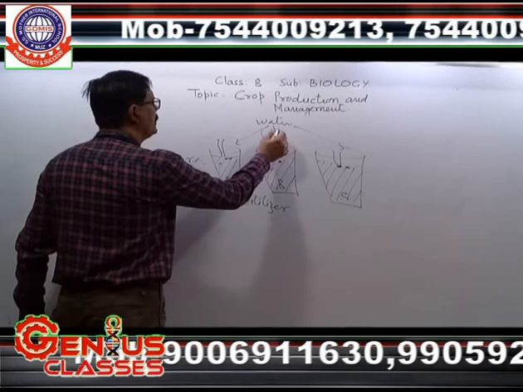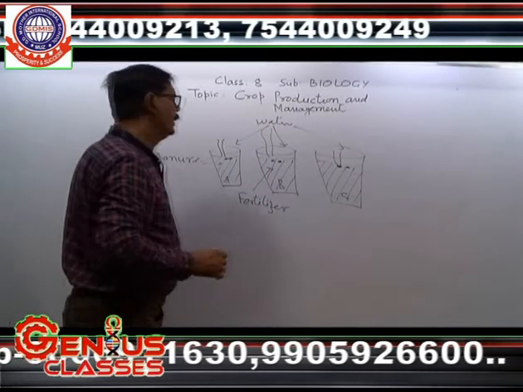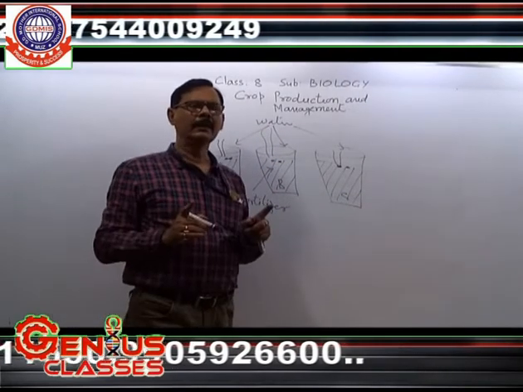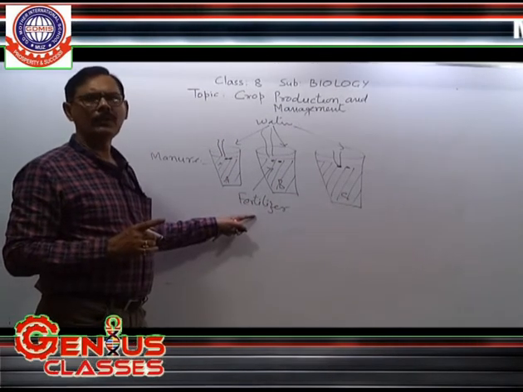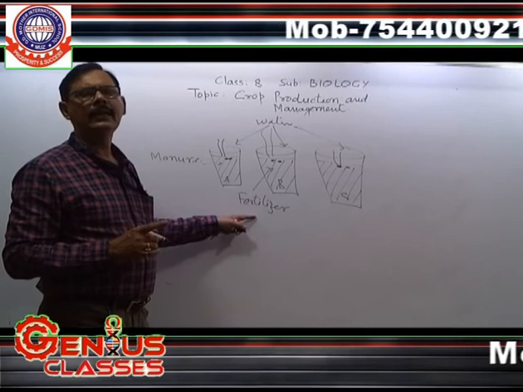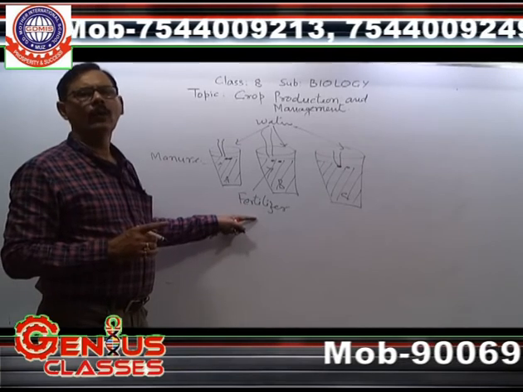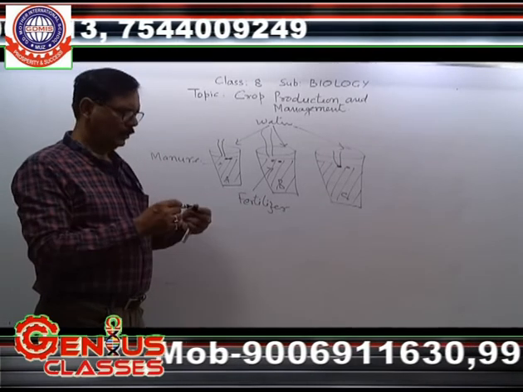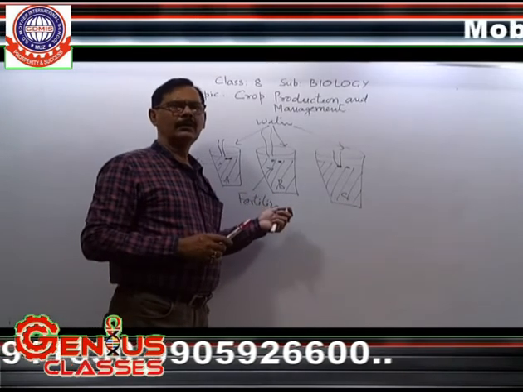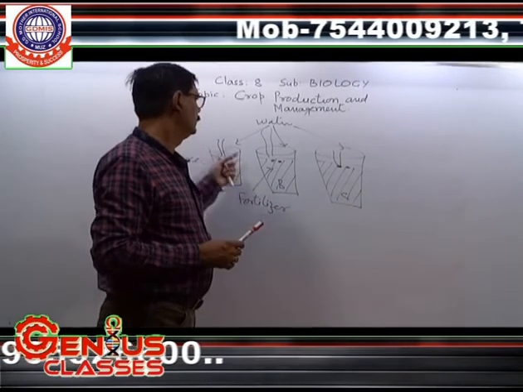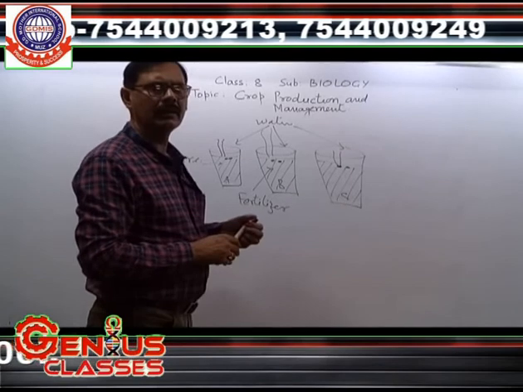Of course, with fertilizers the growth is more, but again remember that excessive use for a longer period of time degrades the soil quality. So, thank you for today. We will proceed with the further parts in our next class.